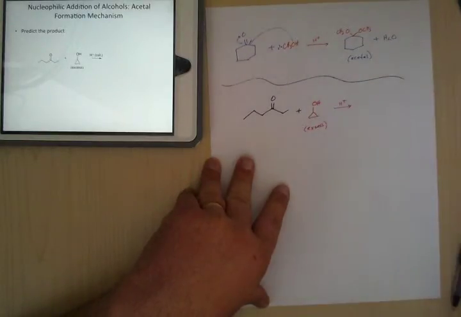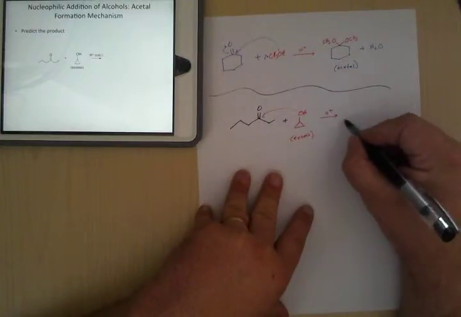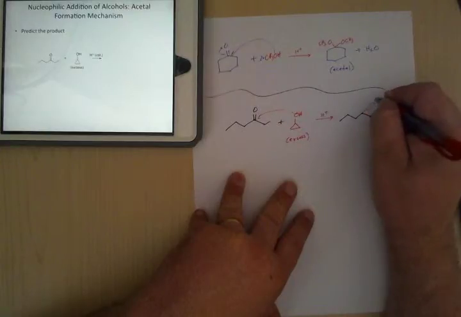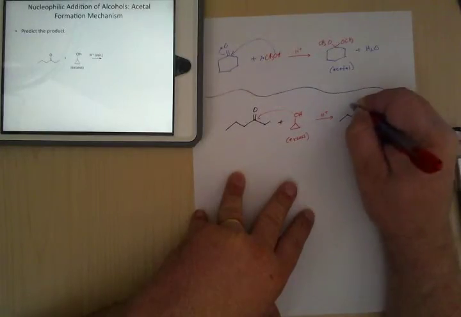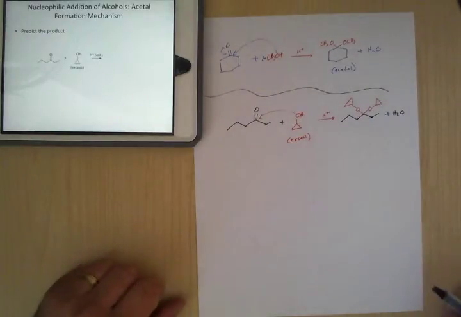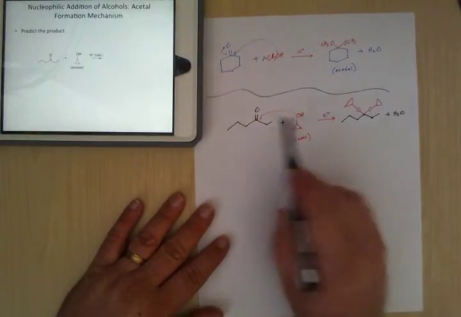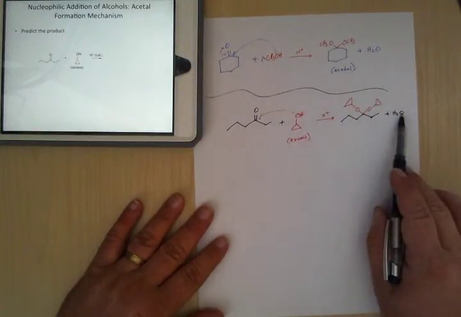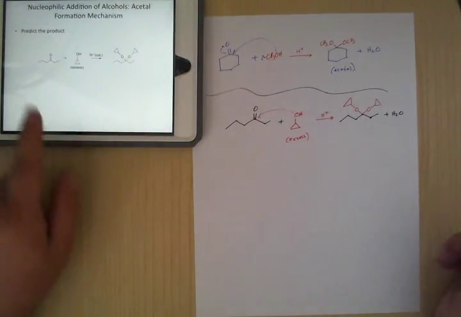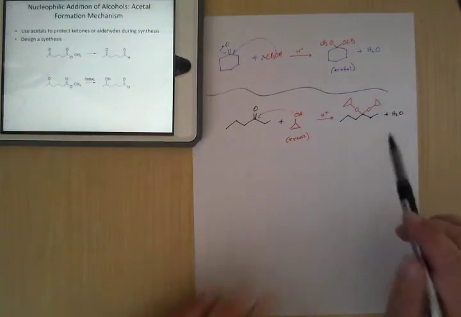So what ends up happening is that it attacks there, but it does it twice, and so you end up with this plus H2O. These hydrogens here become those hydrogens. This oxygen here becomes that oxygen there.